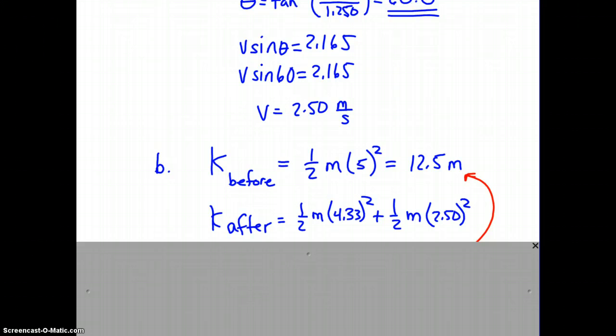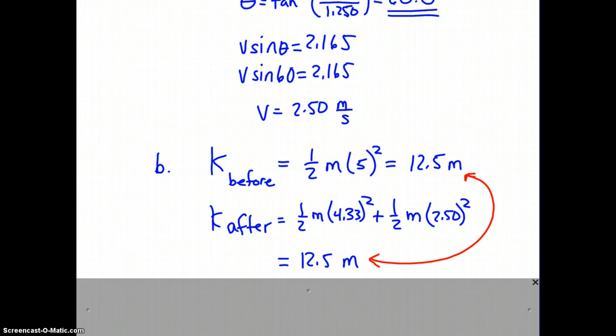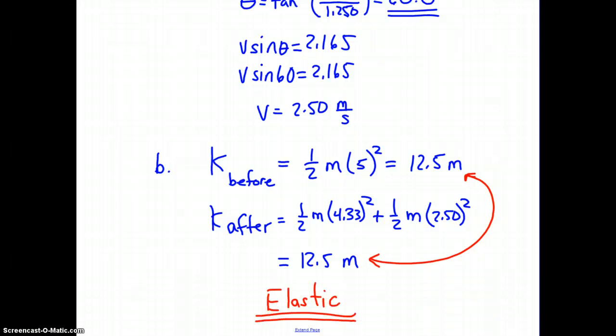We simplify the numbers and combine our m terms, and we get a K after of 12.5 m. Well, since our K after is identical to our K before, what that tells us is that our kinetic energy was conserved, therefore the collision was elastic.